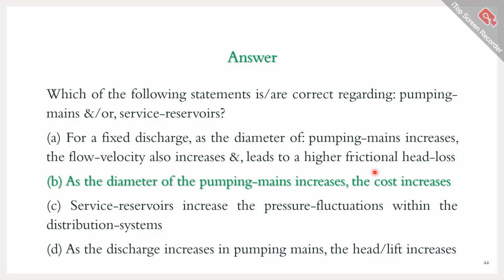Okay. So now we'll move on to our next. Also, as the diameter increases, flow velocity decreases. It doesn't increase as per the mass balance or equation of continuity. The equation of continuity means area into velocity remains constant.